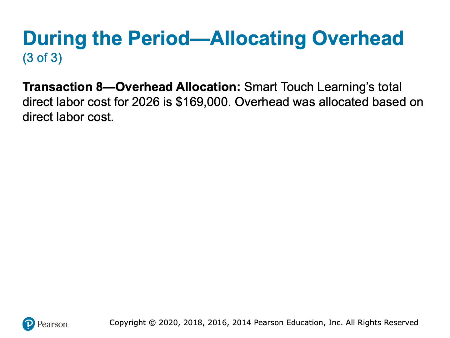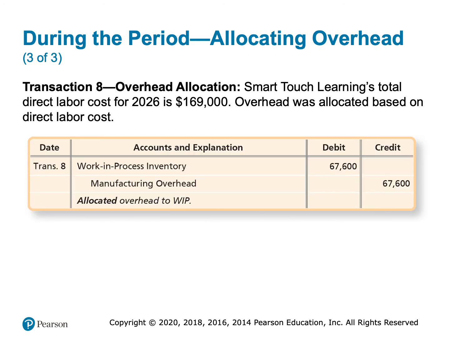So first of all, we need to say 40% times 169 is 67,600. And then we're going to debit work in process and credit the overhead account. So again, the 67,600 came from the 169,000 multiplied by 40% or 0.40, and that's how we get 67,600.